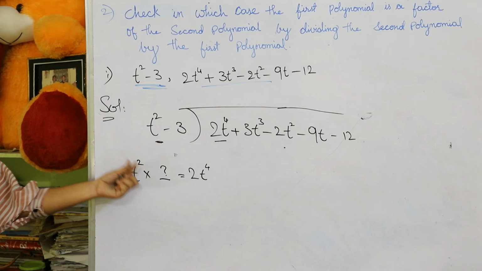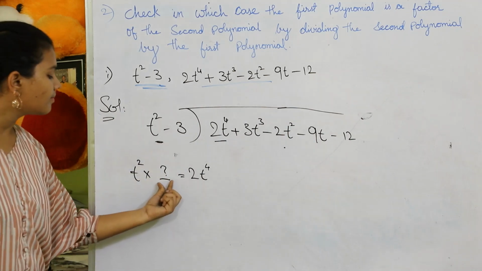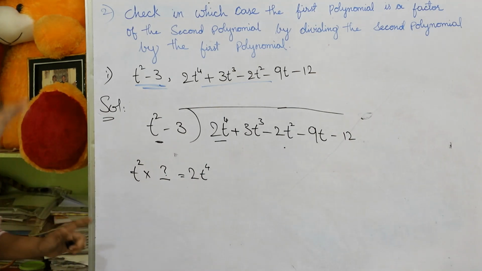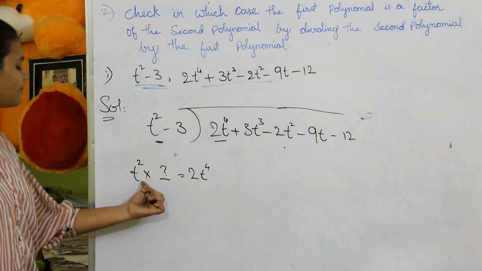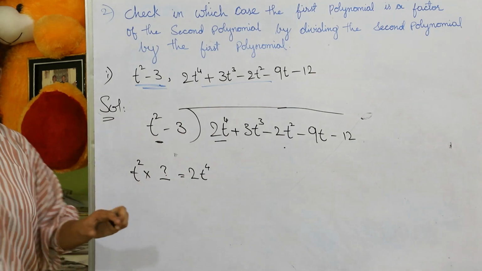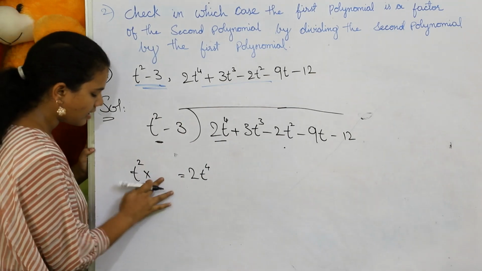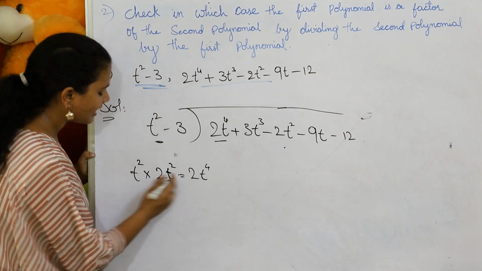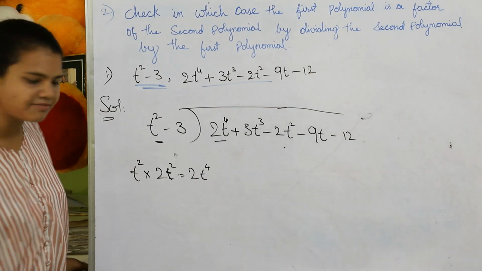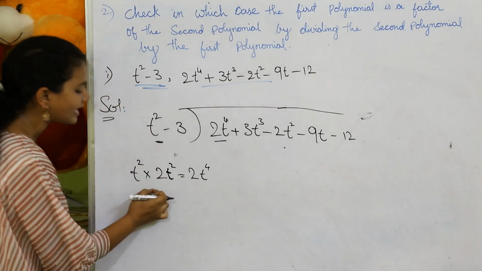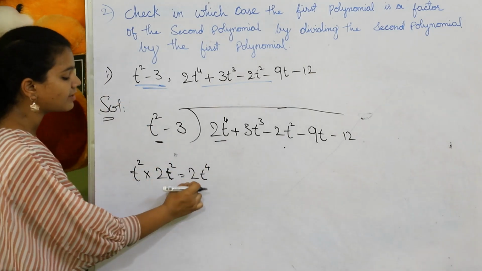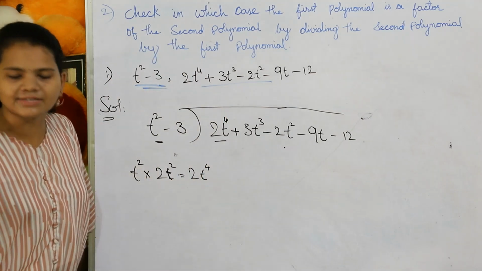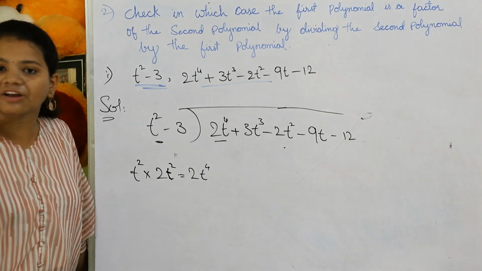Listen carefully: 2t square into t square results in 2t power 4, right?